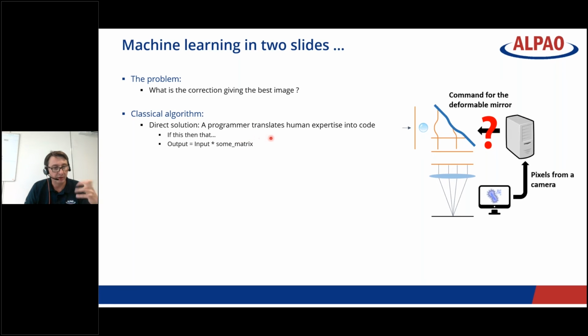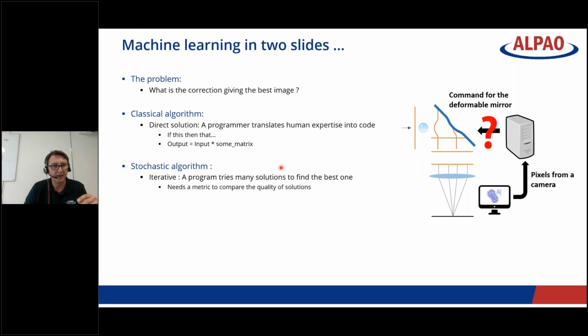So you need an expert to write these lines. And in adaptive optics, most of the time, the output, the command to the deformable mirror, is equal to the input from the wavefront sensor multiplied by some matrix. This is a linear problem, and this is what most people are doing. So this is the classical algorithm, the direct solution.